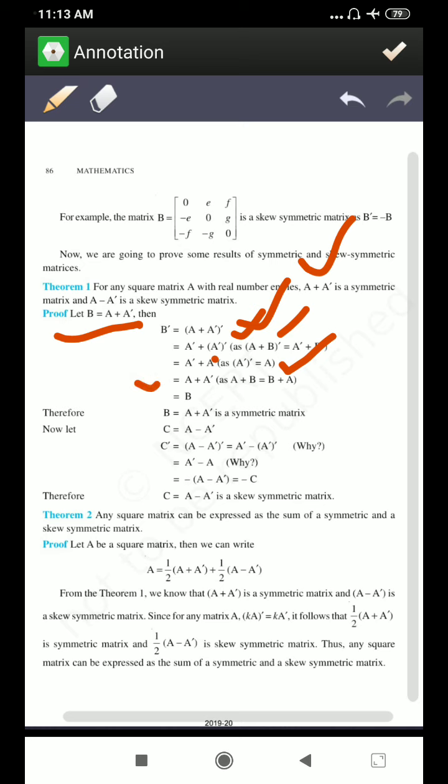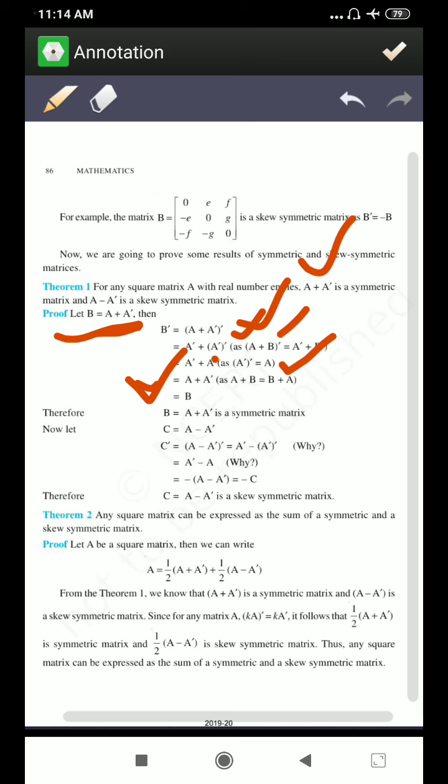We started with A plus A transpose, we took the whole transpose of this, and we got the same A plus A transpose again. It means the transpose of A plus A transpose is equal to A plus A transpose itself. That is the definition of a symmetric matrix. So this is a symmetric matrix.